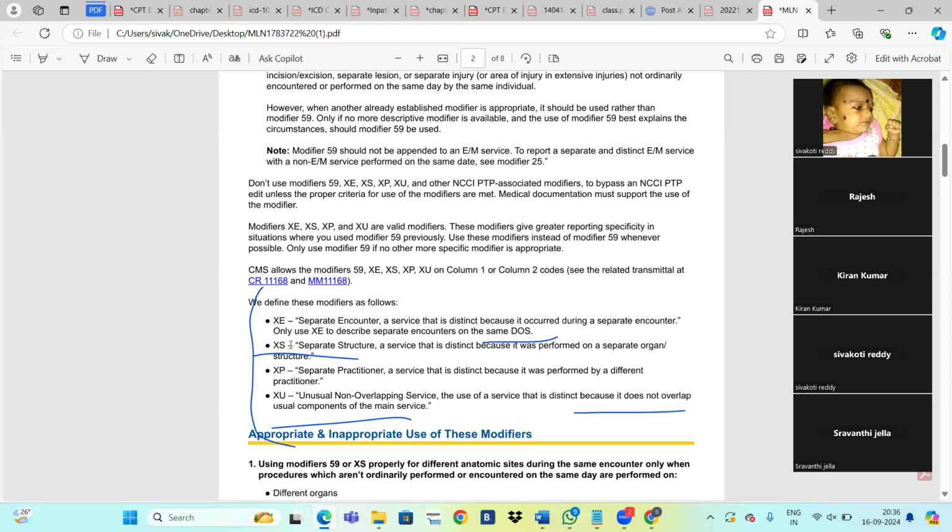So instead of 59, we can use these X series modifiers. If you use 59 or an X series modifier, it has the same meaning. XE, XS, XP, XU, please remember.